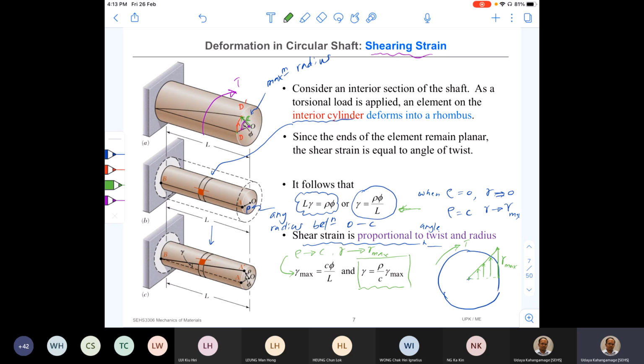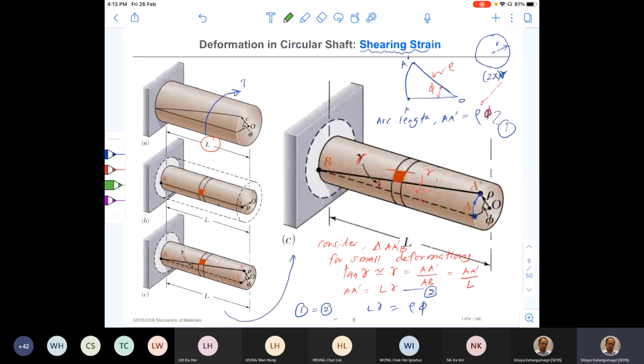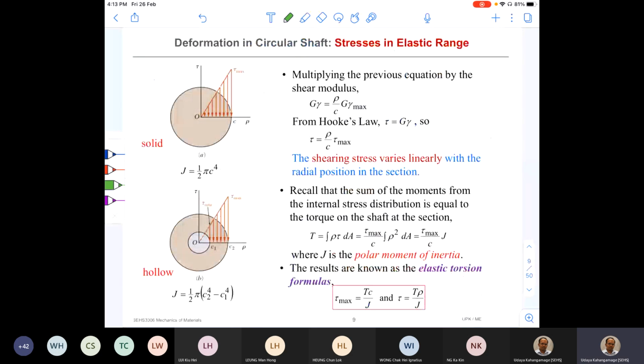So now we have some understanding about the shear strain, and now we'll look at the shear stress. Okay, so within the elastic region, I'm going to go to the next slide. Within the elastic region, Hooke's law applies. So the equation that we just derived is gamma is equal to rho over c times gamma max.